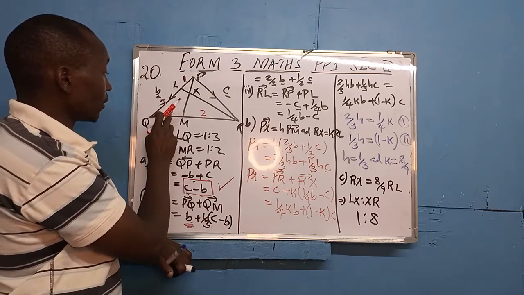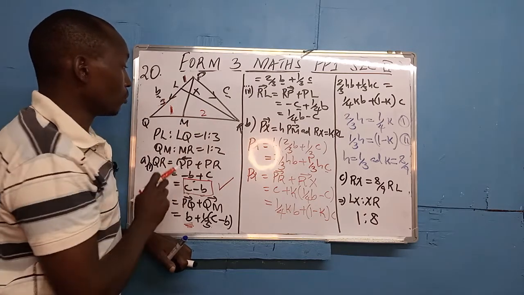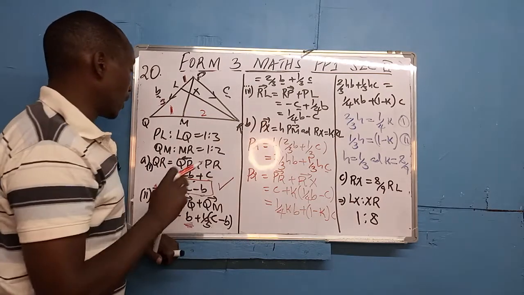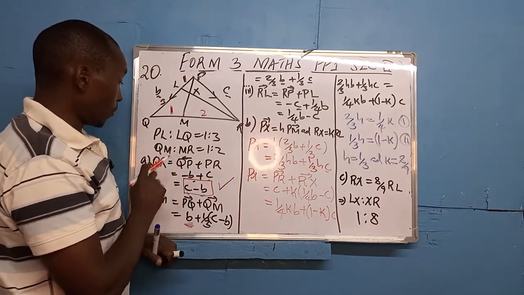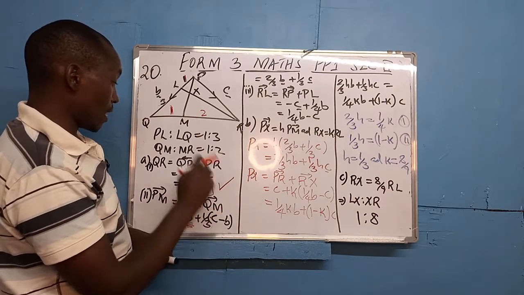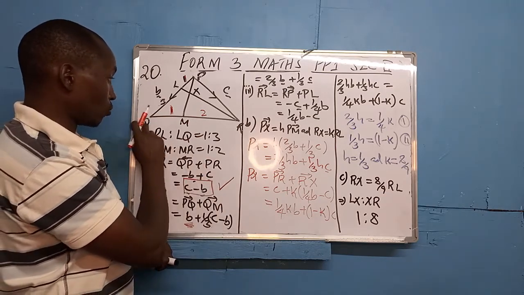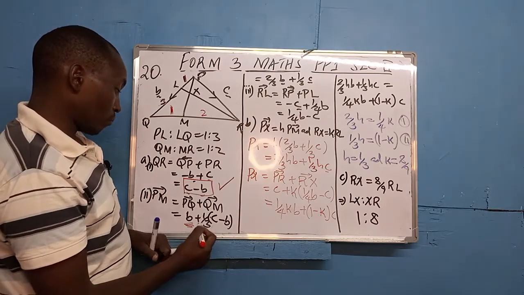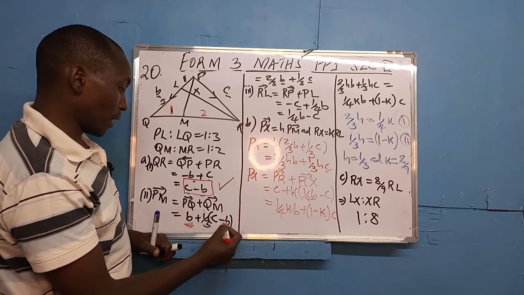If this is the ratio 1:2, then this is a third of the whole vector QR, which I already know is C minus B. So it will be a third of C minus B.